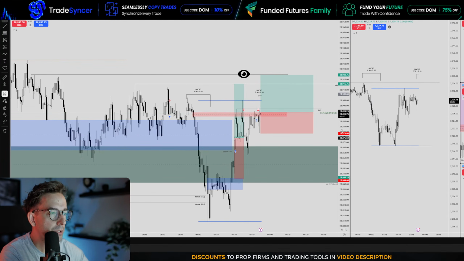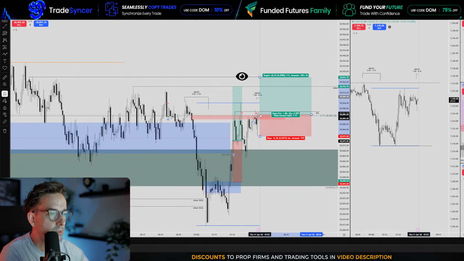Nope, still a mean threshold. This fair value gap is really holding price down. Once we break above it, which could be the scandal here.